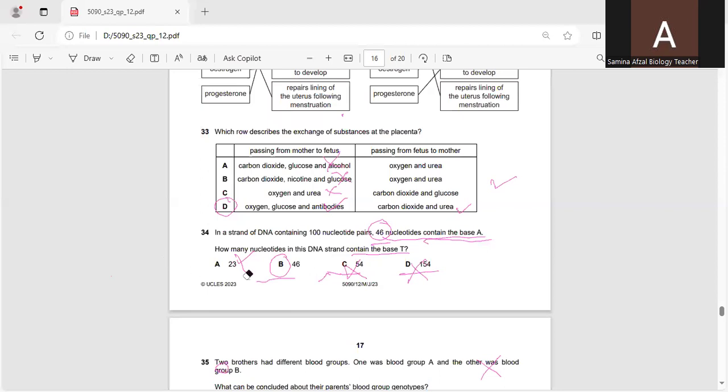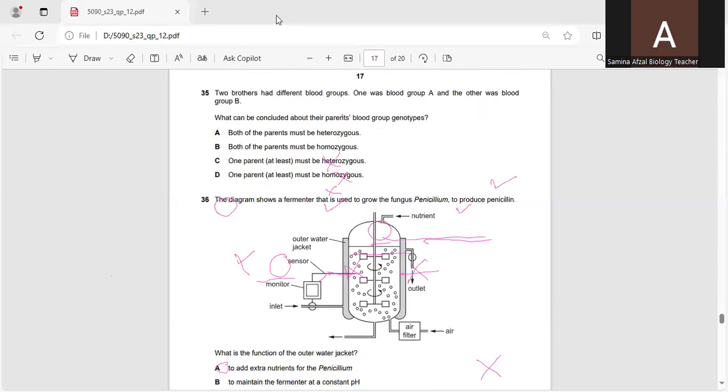Next, question number 35. Two brothers had different blood groups: one has blood group A and the other has blood group B. What can be concluded about their parents' blood group genotype?